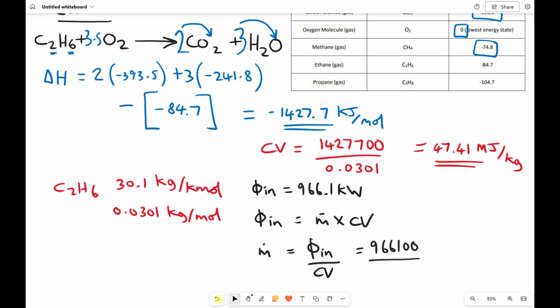Our calorific value is 47.41 times 10 to the 6 joules per kilogram, giving us a mass flow rate equal to 0.02038 kilograms per second, multiplying by 1,000 gives us 20.38 grams per second.